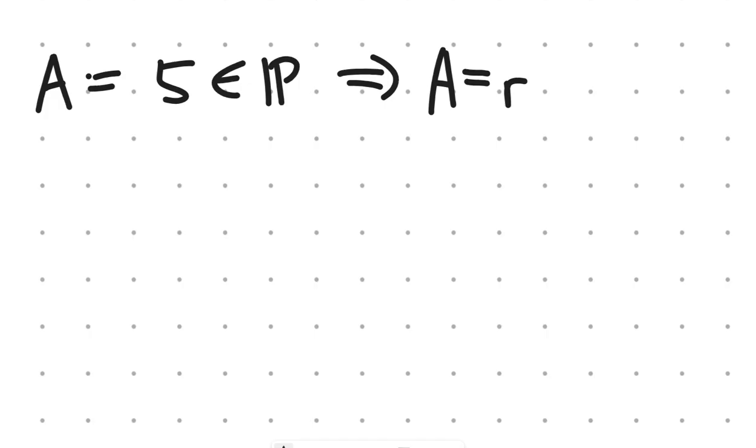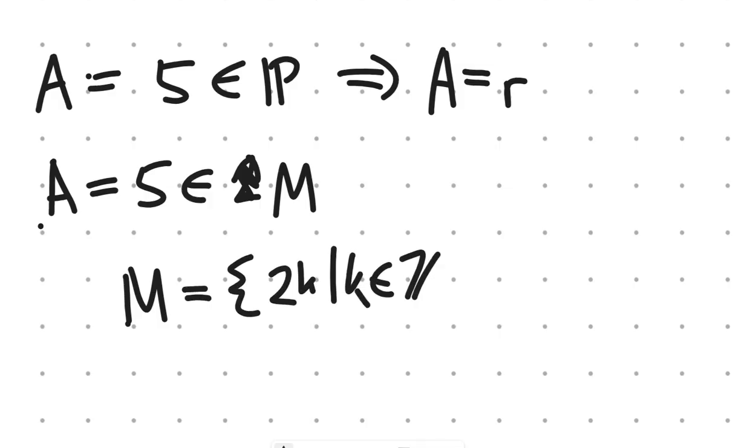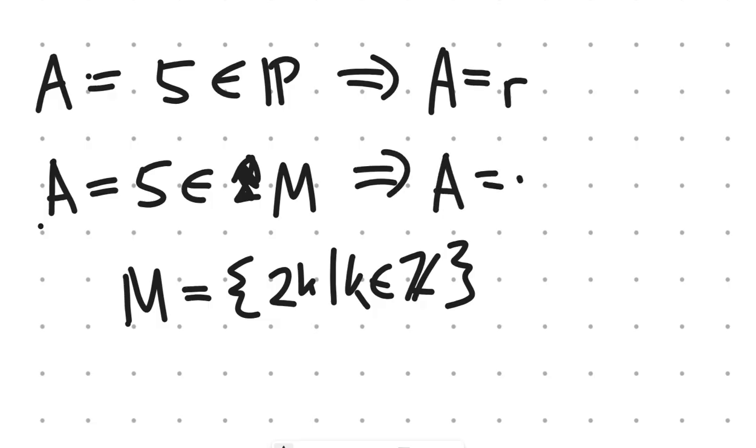And if A is saying, for example, 5 is an element of a set M, where M is 2k, where k is an element of Z, which means it talks about even numbers, then A is obviously wrong. So A can be either right or wrong, and B can also be either right or wrong, depending on what you want to say.